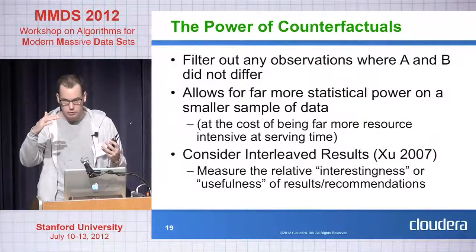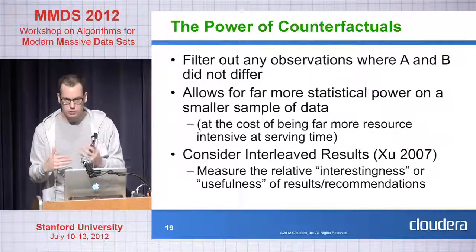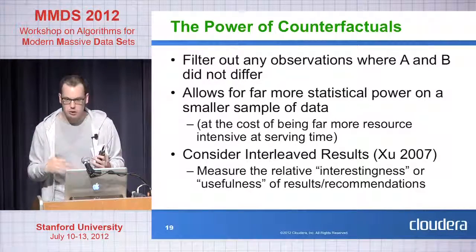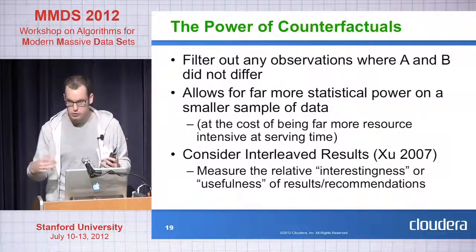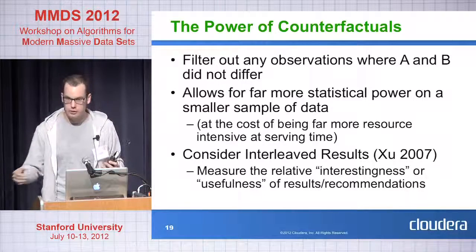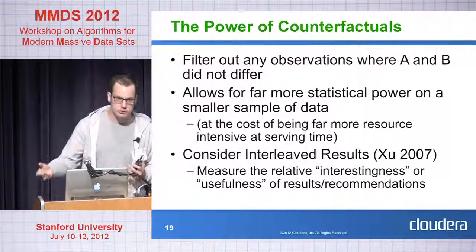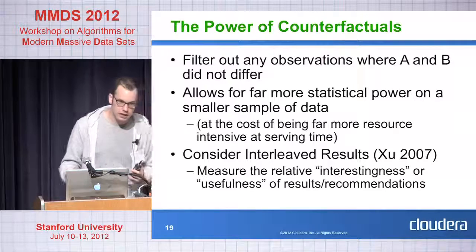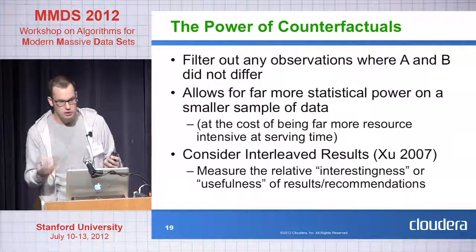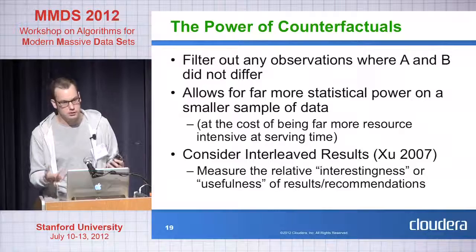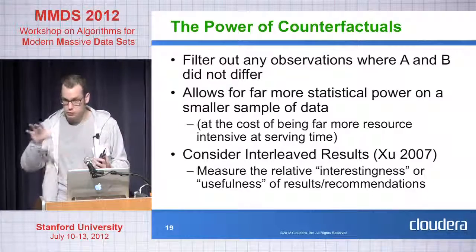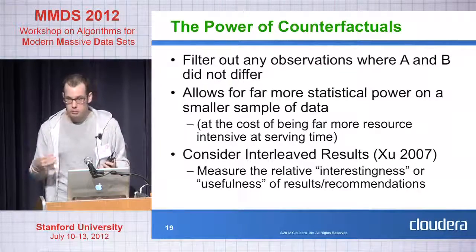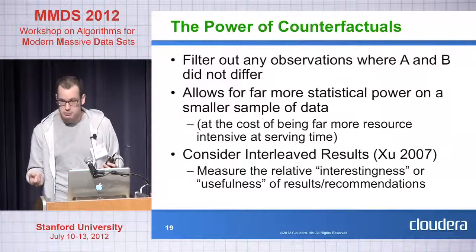Basically go, here's the first one from this one, here's the first one from this one, and so forth. And then you keep track of which results people interact with. Which ones do they like? Which ones do they click on and go away from? And you essentially credit those results to each of the different algorithms. And again, this is a fantastic way to get a much greater statistical power on your experiments than you would have by doing two separate experiments, like a traditional multivariate test.